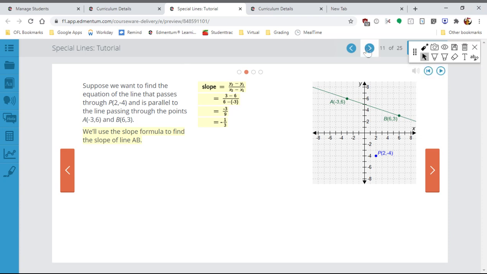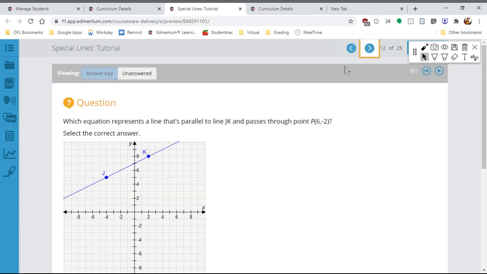All right. So let's take a look over here. So now they're giving us this, and they want us to do a line parallel, and it goes through this point.